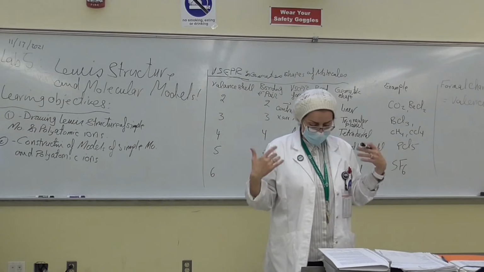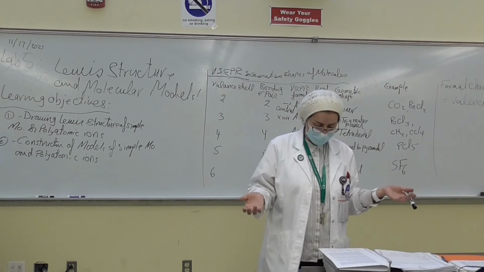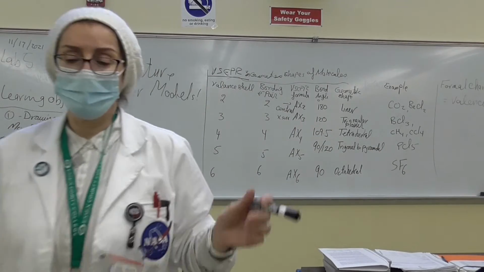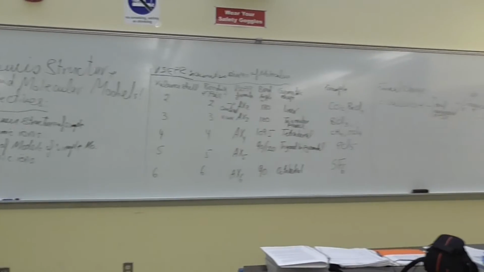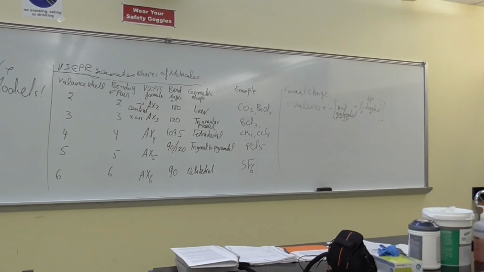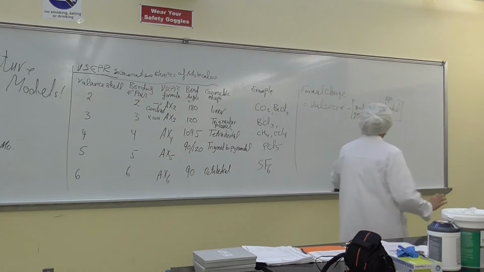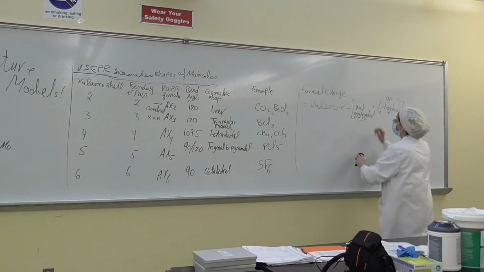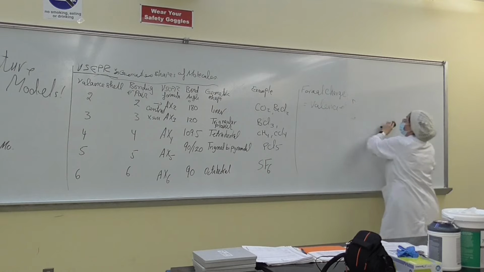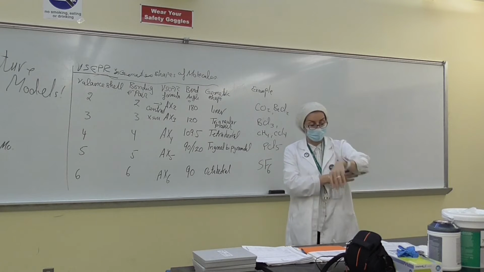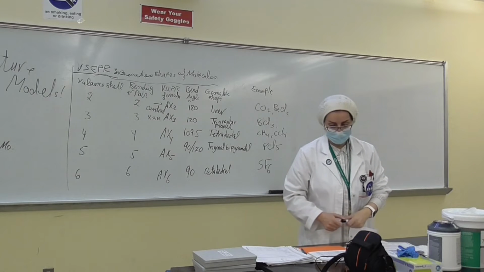What is sp? What is sp3? What is sp3d, or sp3d2? These are called hybridization, okay? So I'm going to go over these with you. And then please let me know if you did not understand what I'm doing so I can highlight it again, okay?